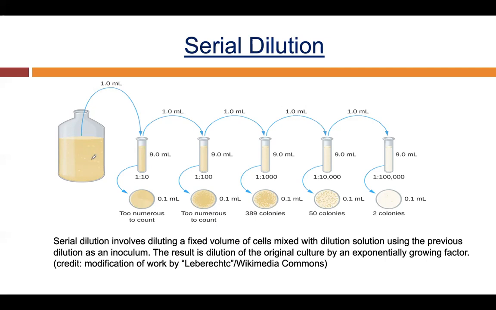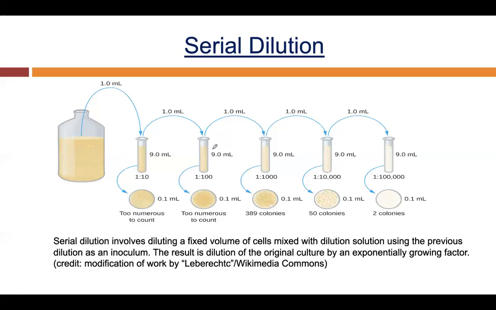So then we can represent it as 1:10, right? So original sample 1 portion, but altogether 10 portions. So out of 10 portions or 10 ml of water, we have original sample 1 ml.